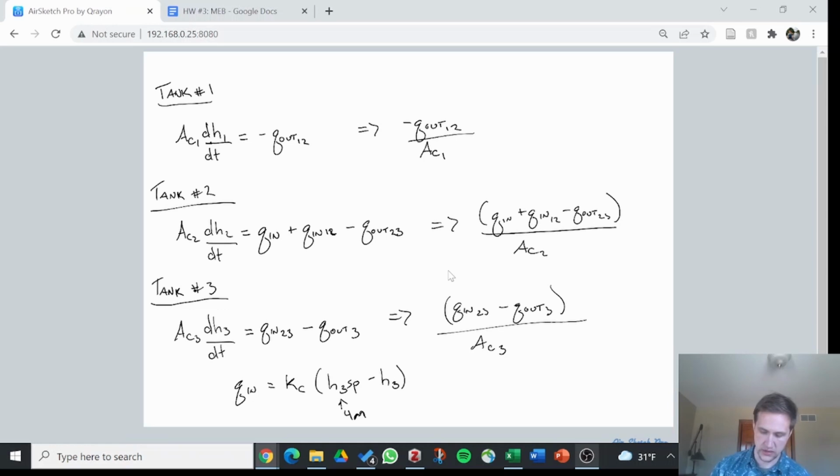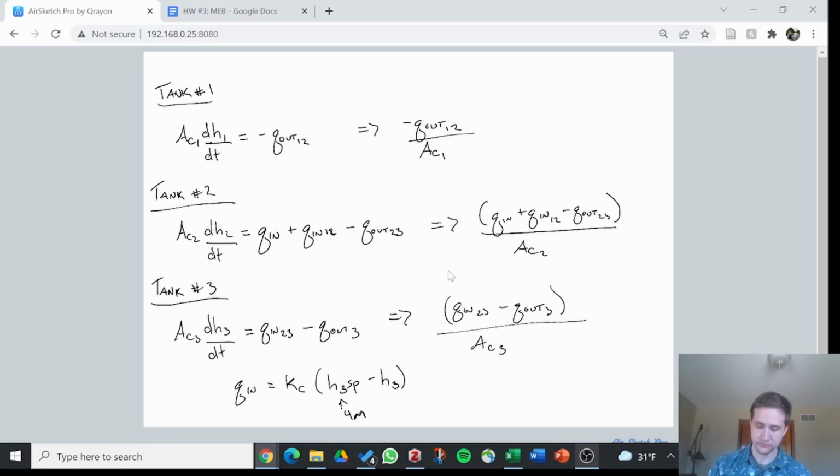What that means is if this is higher than the actual fluid level in the tank, so if this is 4 and this is 3, then that's going to result in this being positive. And that's what we want, because if the actual fluid level in the tank is lower than the set point that we want it to be at, then we want fluid to be flowing into tank 3.